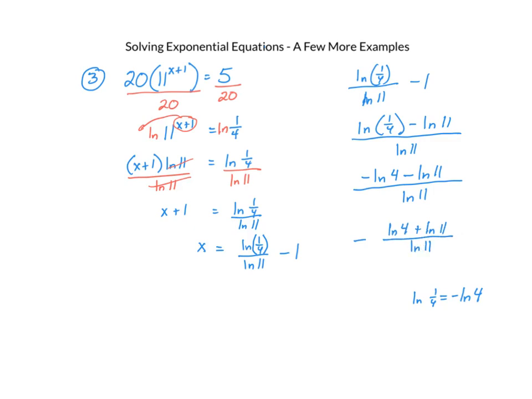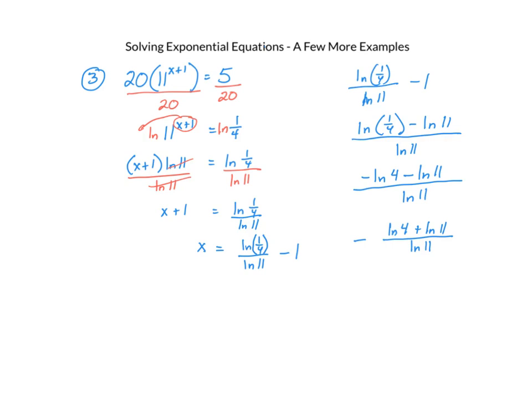And let me show you one more way in which these could be written. Let me erase this down here so we have space. We know that our first property of logarithms says the sum of two logs is the log of a product. That means we can take the log of 4 plus the log of 11 and rewrite that as the log of 44.